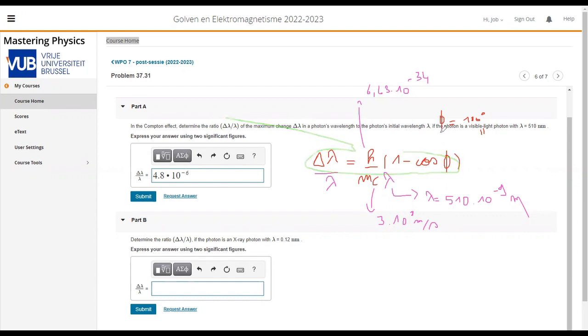And then you are also given the information that it is visible light, at 180 degrees. It means that you can see that the photon is going to touch the electron, and then it will move. And when it moves, you can already see there is a light that's going to be here.